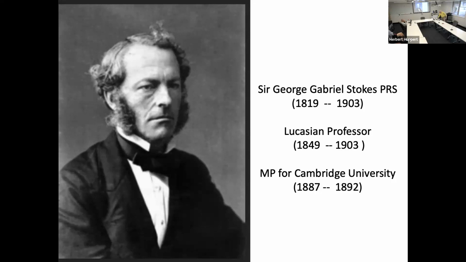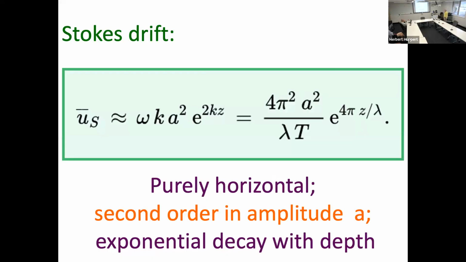Anyhow, he introduced what's called the Stokes drift, which is second order in amplitude, a squared. So it's very much slower than either the phase velocity or the group velocity, and it decreases exponentially with depth, and it's purely horizontal.